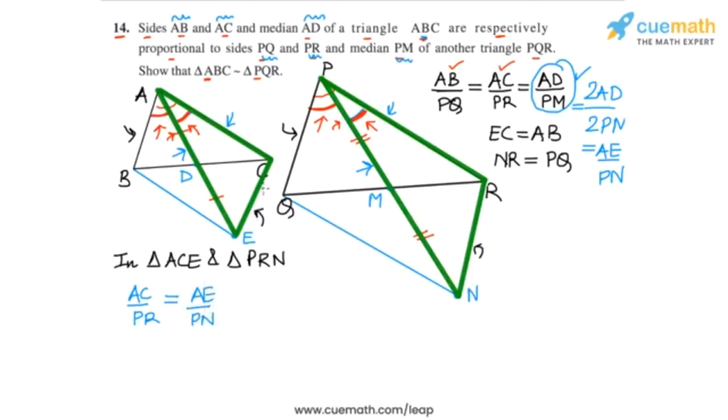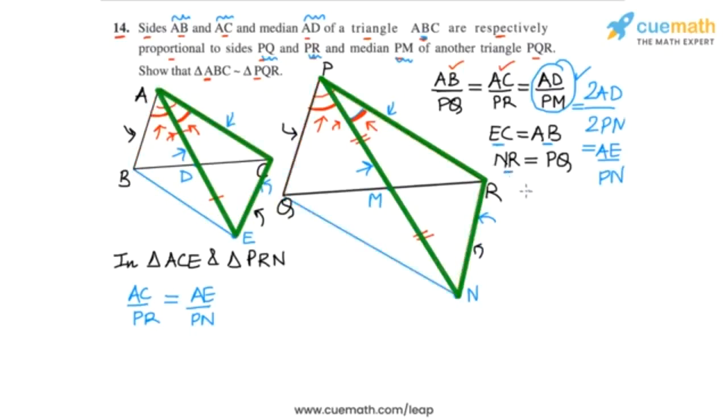And finally, if we take the third ratio, which is EC by the corresponding side NR, do you think this will also be equal to AC by PR? Well, yes, because EC is equal to AB as we saw earlier, because ABEC is a parallelogram, this parallelogram that I'm highlighting. And similarly PQNR is a parallelogram, so NR is equal to PQ.